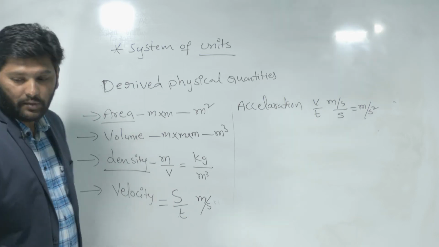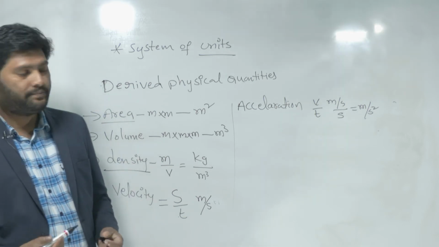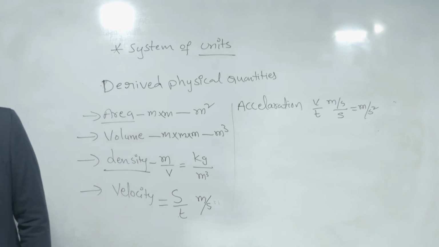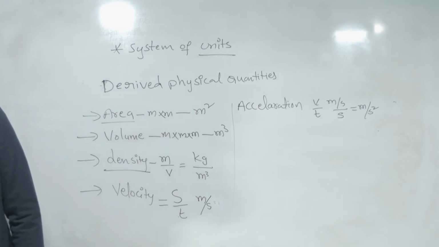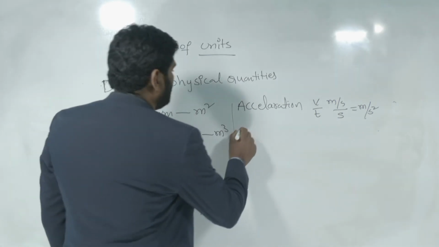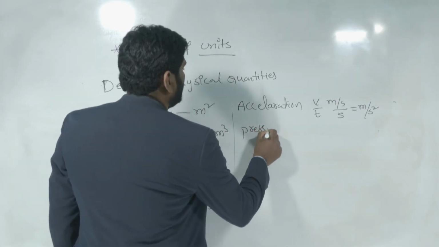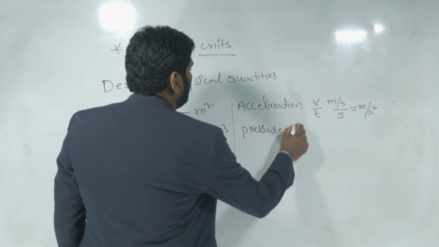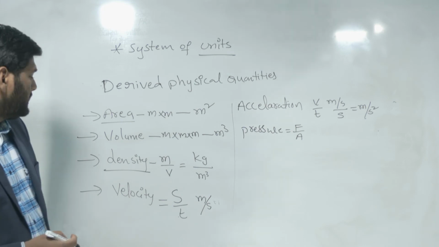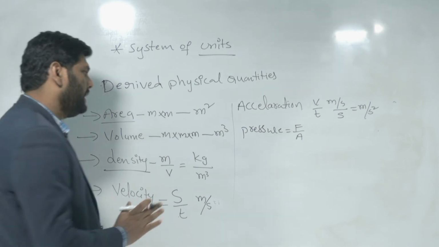And give me any examples here. You can give any examples. Let's see the examples in your book. They have given pressure. Pressure is nothing but force per area. Actually, what is the pressure formula? Force per area. I did not say force yet, so let us discuss force first.